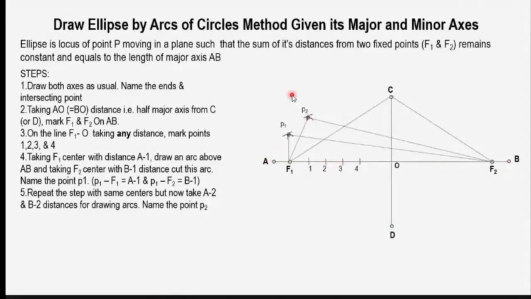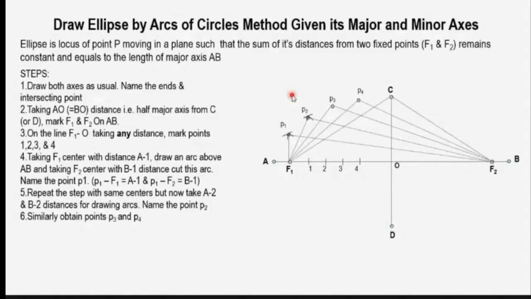Now take the distance A3 and B3, draw two arcs. Then take the distance A4 and B4 and draw two more arcs. You will get 4 points P1, P2, P3 and P4. So this is 1/4 of an ellipse from A to C, passing through P1, P2, P3, P4.